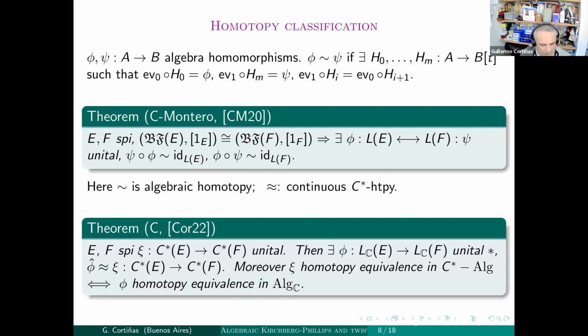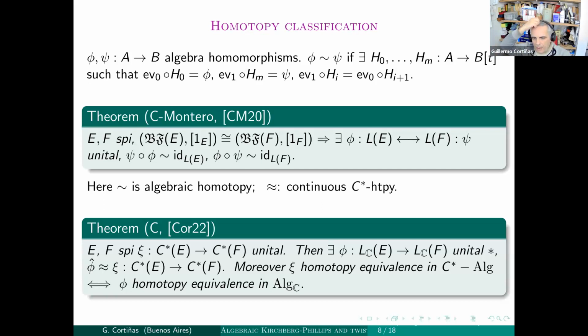Yeah, because what I get is a functor from algebraic KK, to the full subcategory of algebraic KK whose objects are the Leavitt path algebras of finite graphs, to the Kasparov KK category.